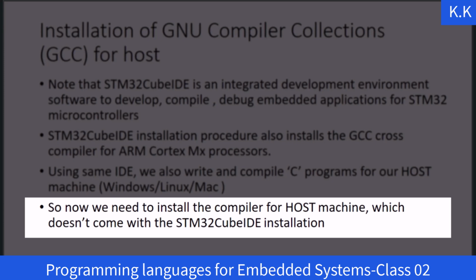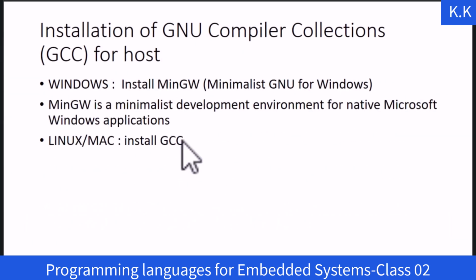That we are going to do now. If you are using Linux or Mac, then it is very simple. You just have to run a few commands in order to install the GCC compiler for your host. That I'm going to cover later. But in the next lecture, I'm going to cover how to install GCC for your Windows machine.